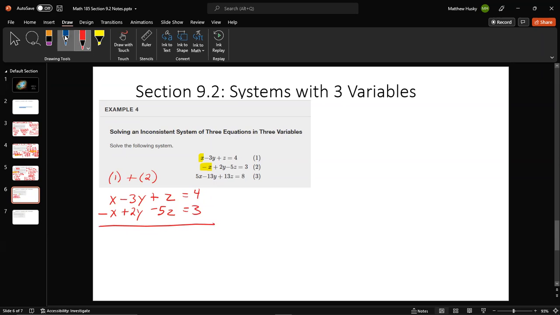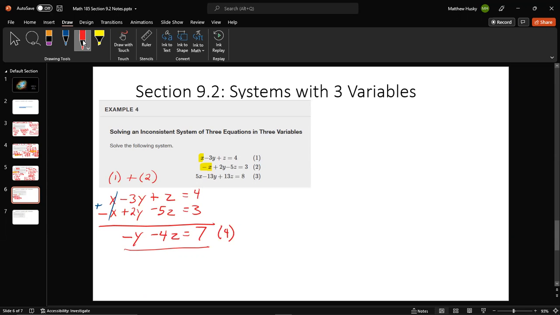We can then add up everything from both equations. The x's get eliminated. -3 plus 2 is going to give me -y. Z minus 5z is minus 4z. And 4 plus 3 is going to give me 7. This equation I will call equation number 4. We'll hang on to that for later.